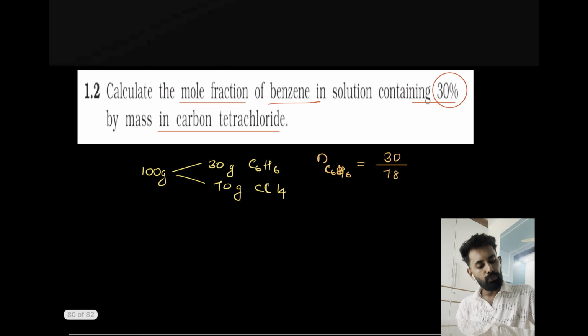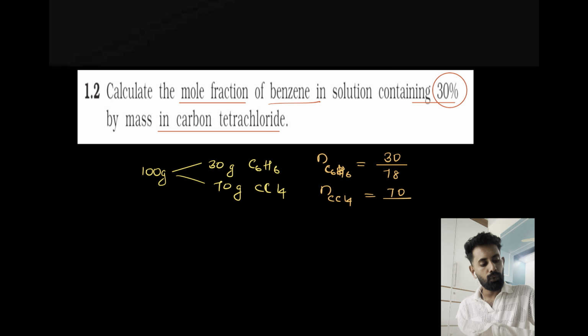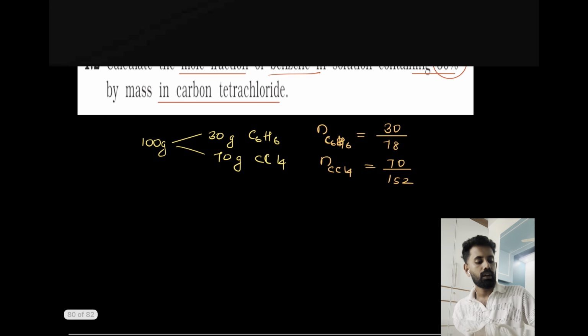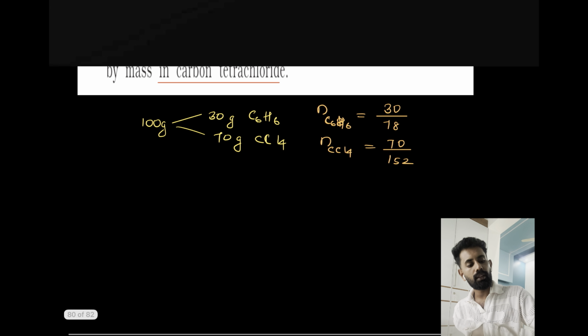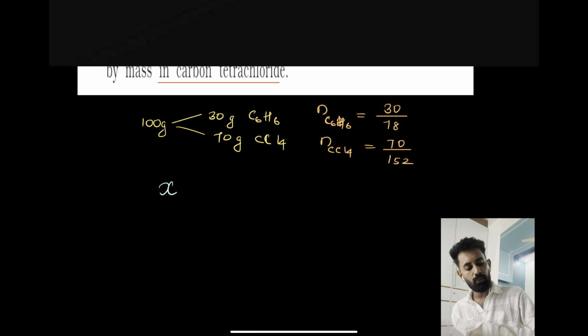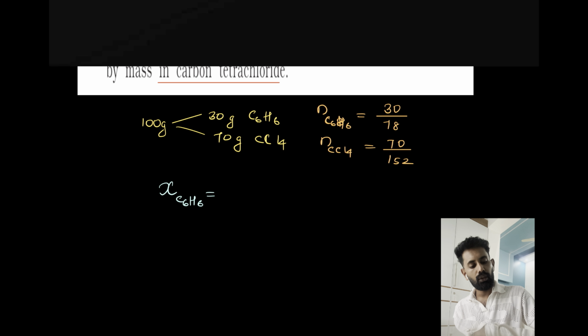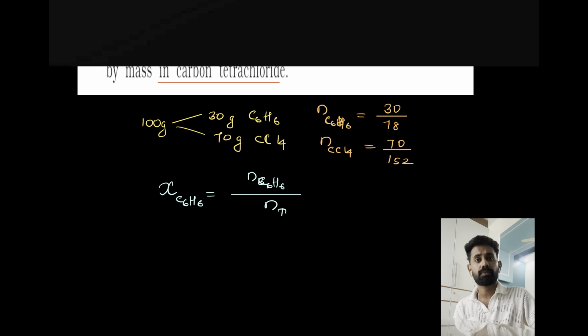And the number of moles of CCl4, that is mass of CCl4 divided by molecular mass of CCl4, that is 152. So from this data, you can get the mole fraction of each. Let's say we have to find the mole fraction of benzene. In that case, you have to divide the number of moles of benzene by total number of moles. Okay.